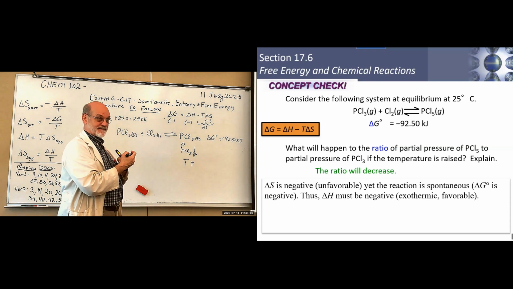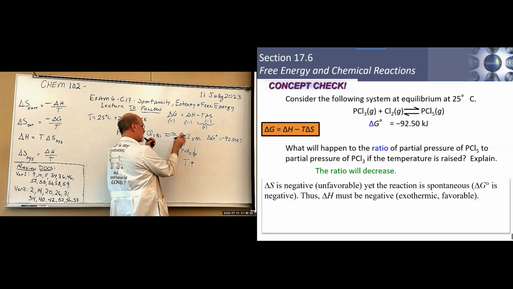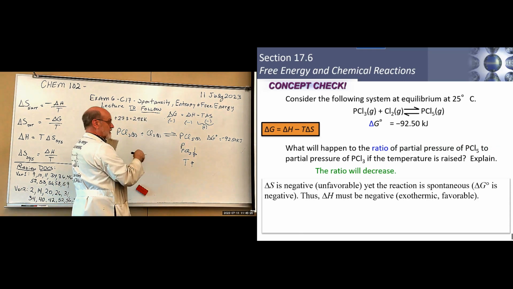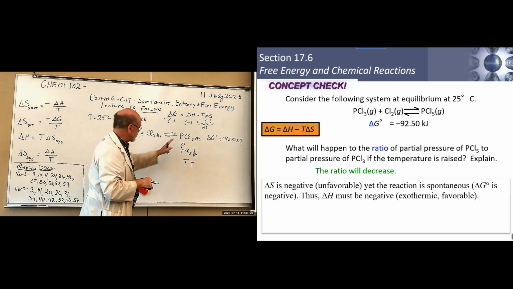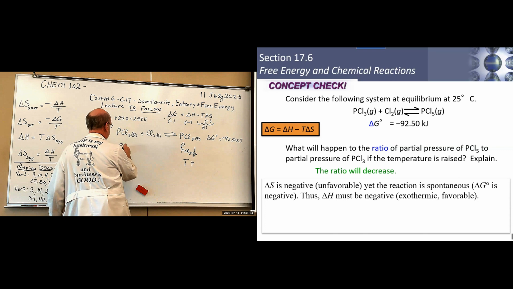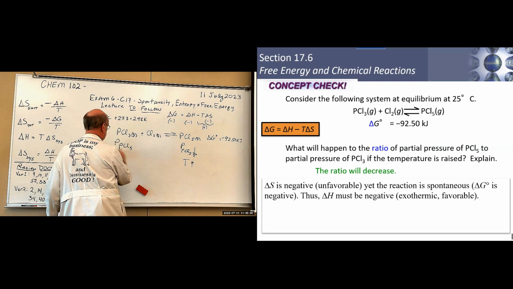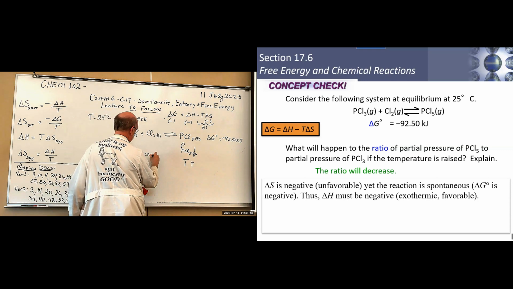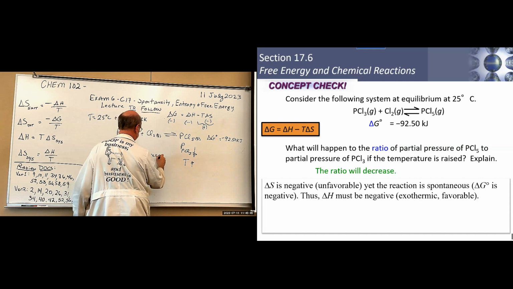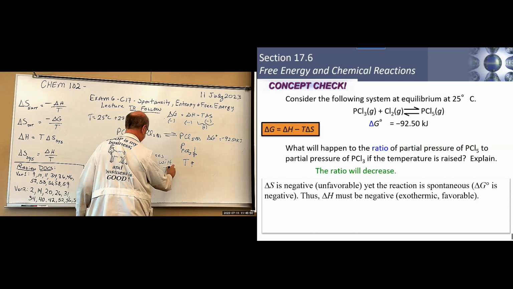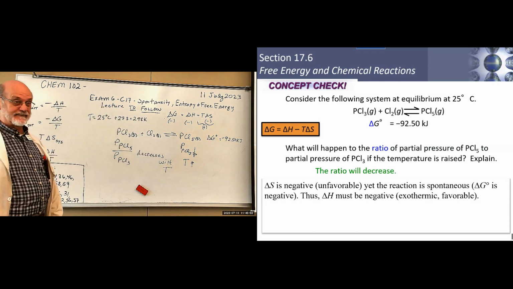Okay? So as the temperature increases, this decreases, that increases, and the ratio decreases. If you ratio that one against that one, you're seeing a steady decrease. The partial pressure of PCl5 to the partial pressure of PCl3 is decreasing with temperature.